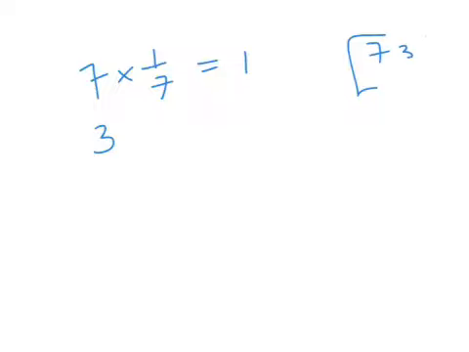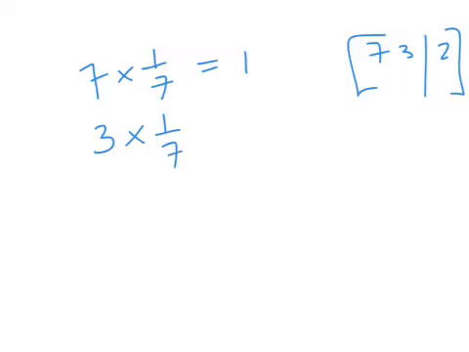The next thing that you need to know is when you add or subtract fractions, the number on the bottom has to stay the same. So let's say you multiplied 7 times 1 over 7 because you were trying to get 1, that's fine. But then the next number that you multiplied was 3, say in your matrix you had 7, 3, and then a 2, then you'd have 3 times 1 over 7.